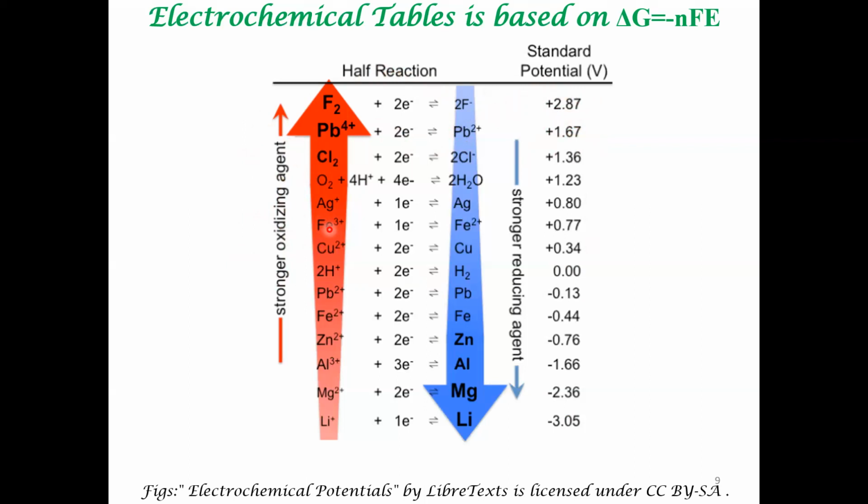When you say oxidation, reduction, you can define it in terms of increase in oxidation number or transfer of electrons. When you add an electron, you are reducing that chemical species.